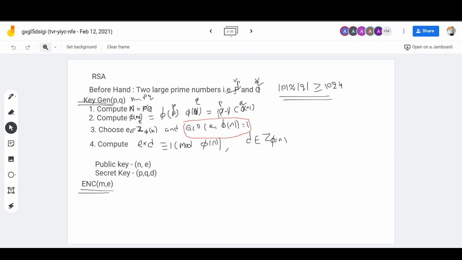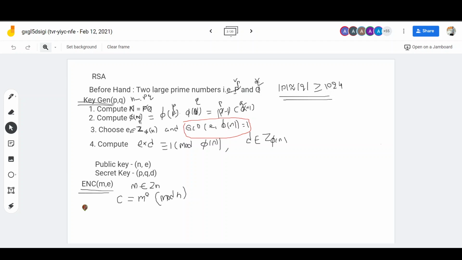Here you choose any particular message M which belongs to Zn. Then you can write the encryption algorithm like this: you compute your ciphertext, which is equal to m to the power e mod n.